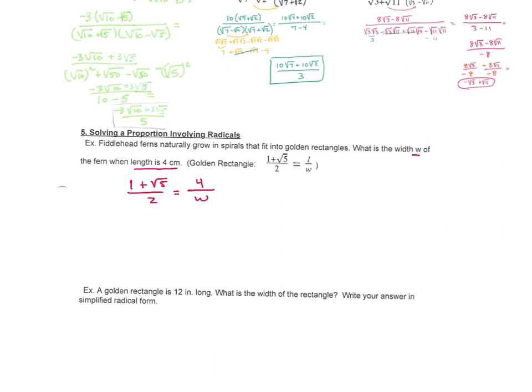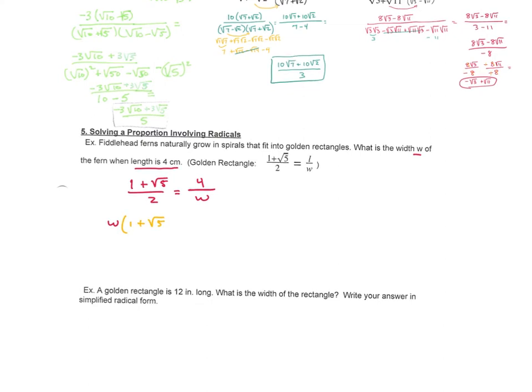And now what I have to do here, I think one way to do this is to cross multiply. So I have cross multiply, right? This times this. And I have W times 1 plus the square root of 5 equals 2 times 4.